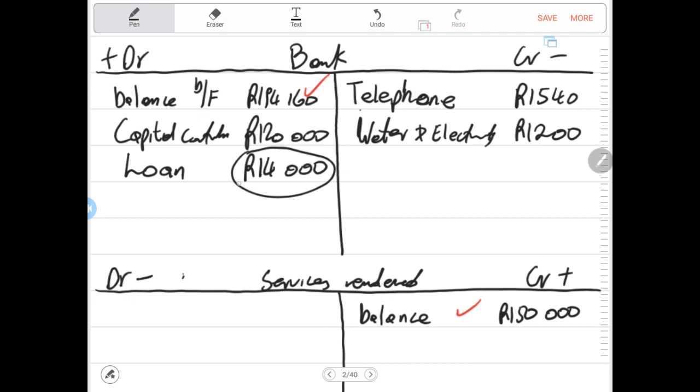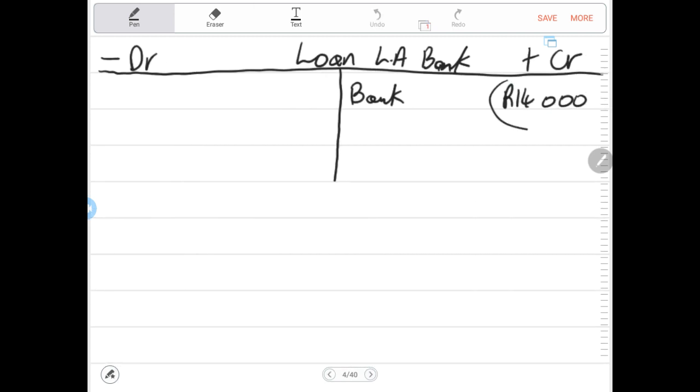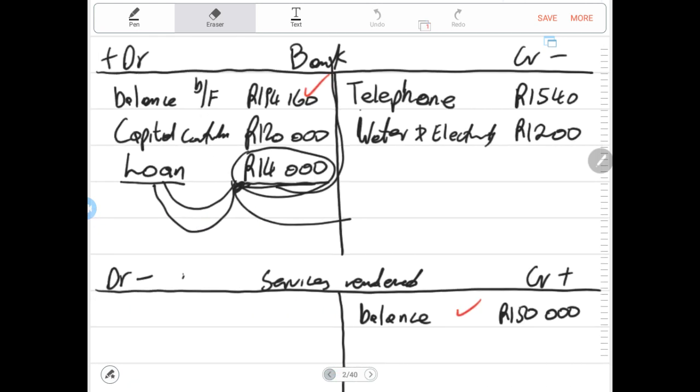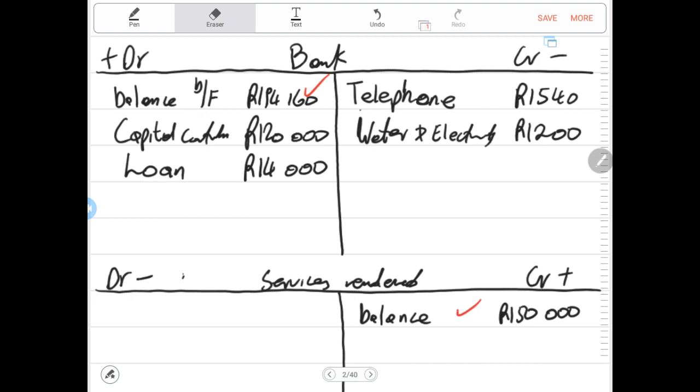If 14,000 is on the debit side of the bank account and the description is loan, that means 14,000 must go on the credit side of the loan and the description must be bank. That's what it means to say for every debit entry, there should be a credit entry. Very simple accounting principle.